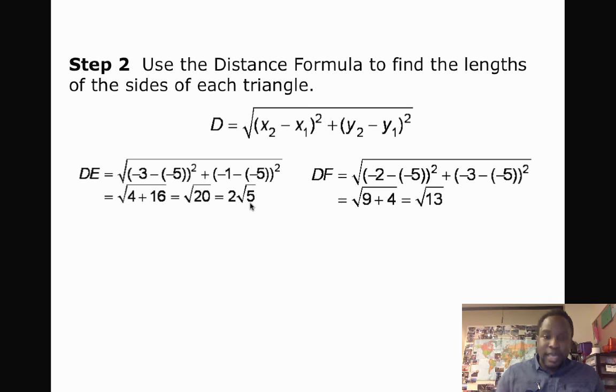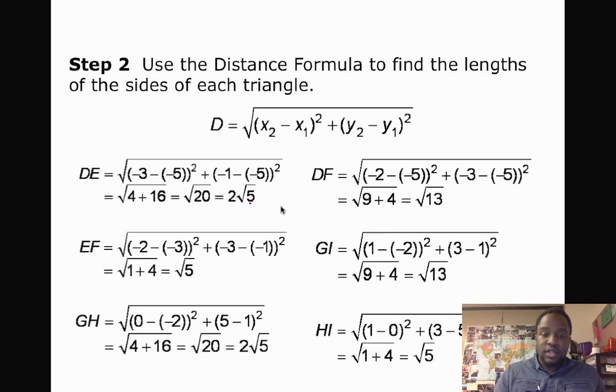We can do the same process for all 6 sides. So for EF, DF, GI, GH, and HI. So now that we have the side lengths for all 6 sides, we can see if we can find some congruent pairs.